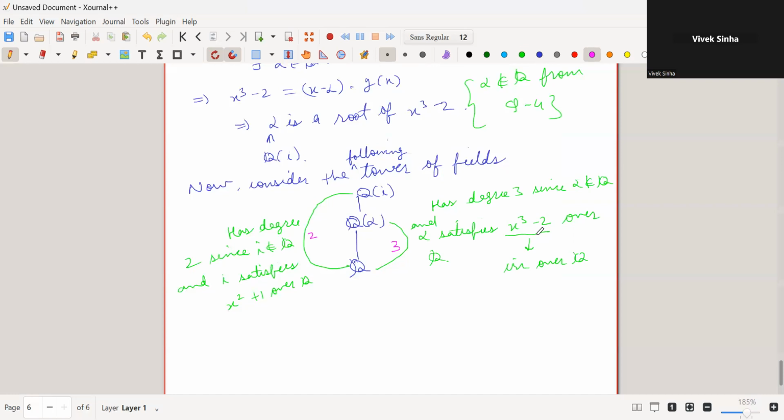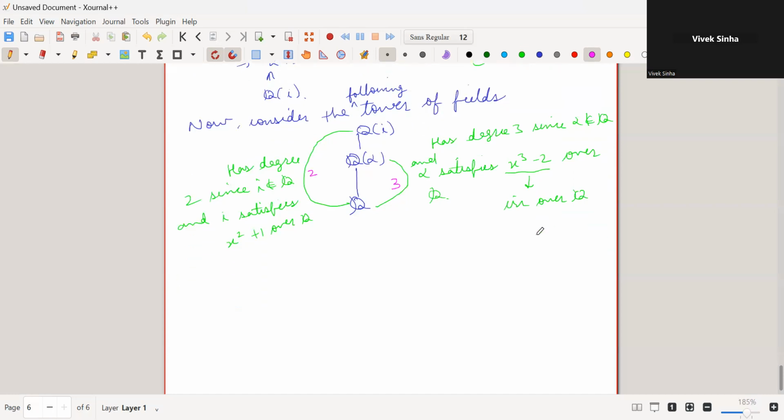Can it be possible? This is a contradiction to the tower law, because here you have 2 and here you have 3. 3 won't divide 2.